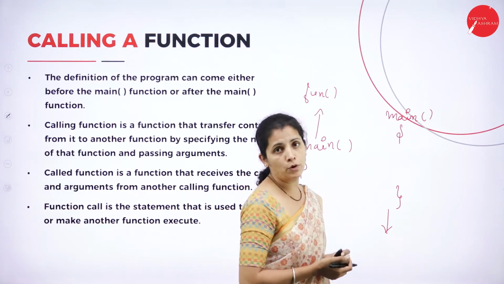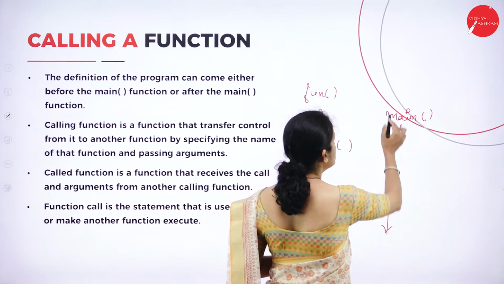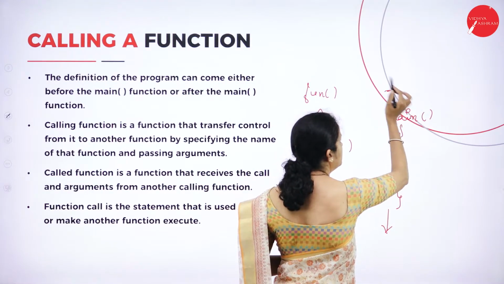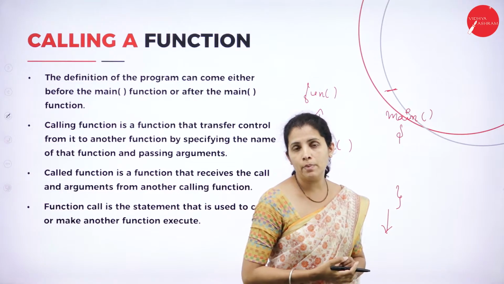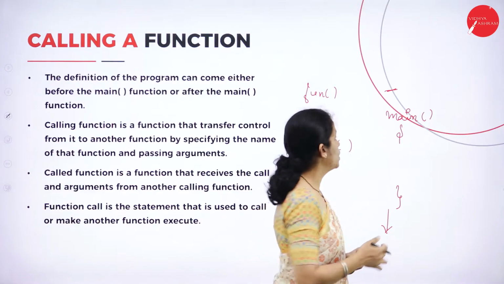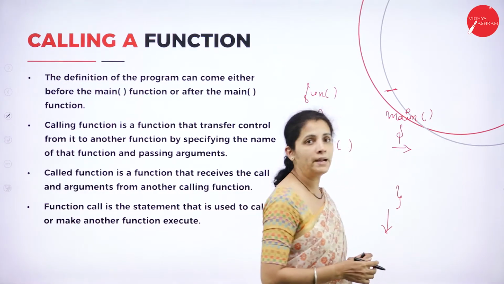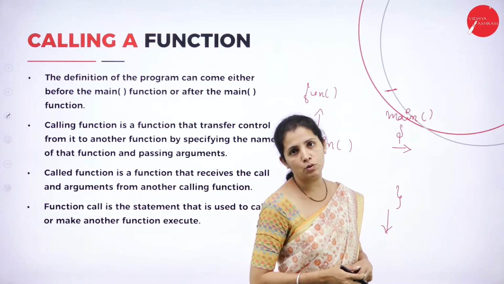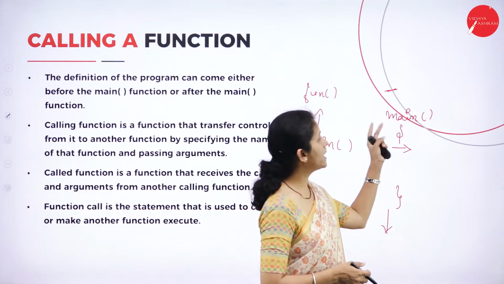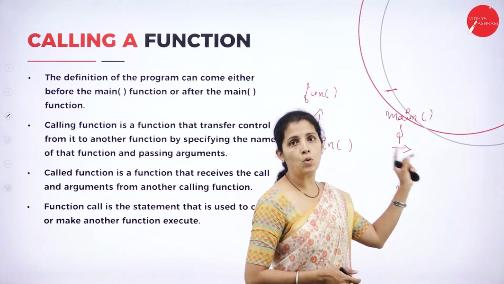And how am I going to write the function prototype? In two ways. That is, at the beginning, that means globally I can define the function prototype, or within the main program, as the first statement itself, the function prototype. This is the way I can use functions in my program.